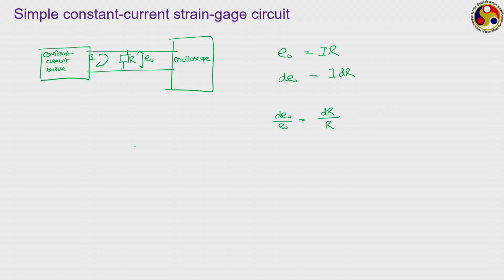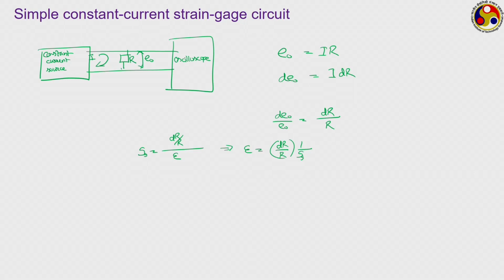And now, if we relate this to our gauge factor, we know our gauge factor Sg can be written as dR by R by epsilon, which gives epsilon equal to dR by R into 1 upon Sg, or divided by the gauge factor.